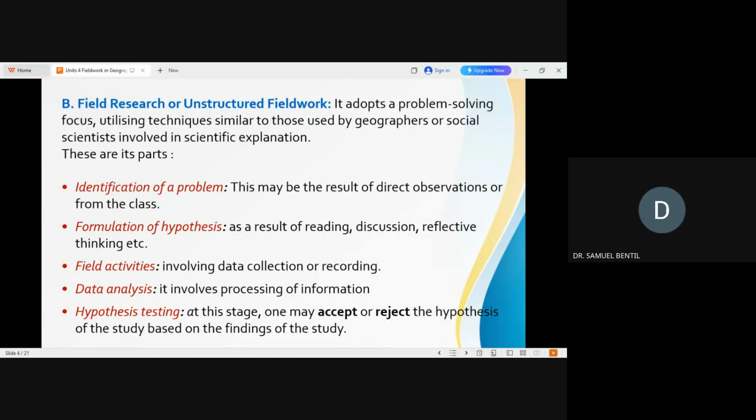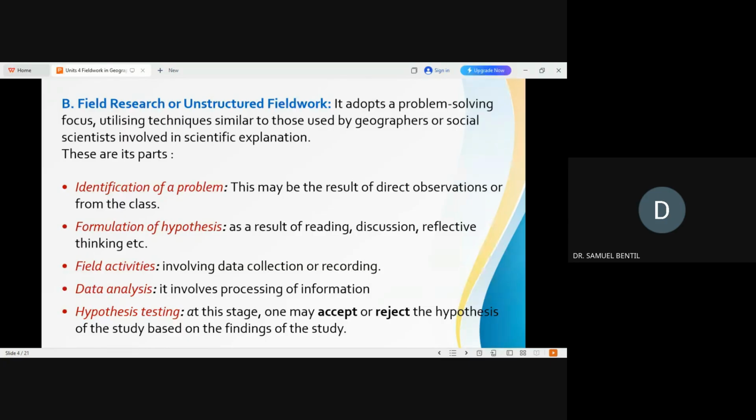And the field research or the unstructured field, as he said, adopts a problem-solving focus, utilizing techniques similar to those used by geographers or social scientists, which are involved in analysis.